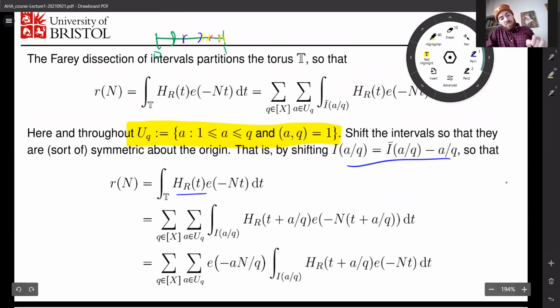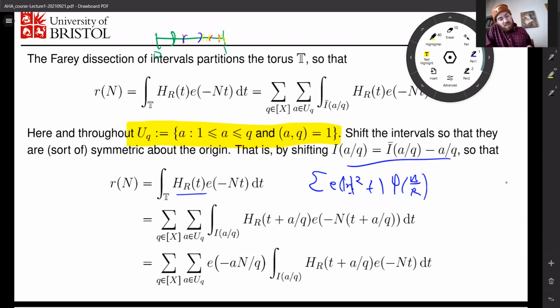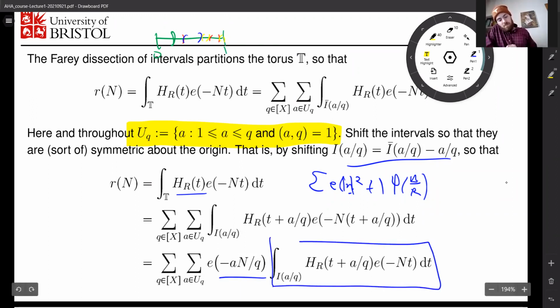So this HR of t was that exponential sum again, just the sum of e of n squared t, for vectors, smoothed out, sorry. And when you make the change of variables, what you end up getting is this space that comes out from before, times these intervals, where the I of A over Q's are, again, they contain the origin.